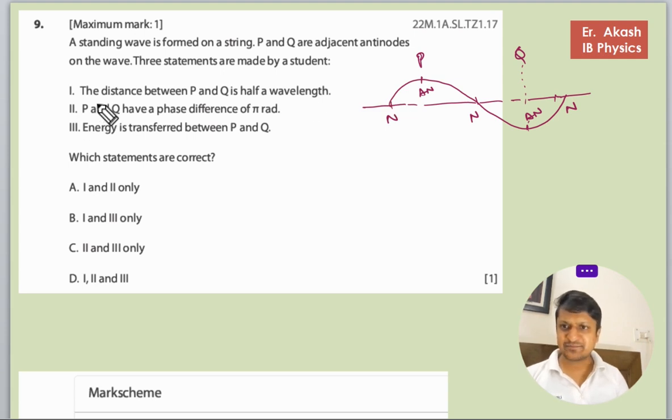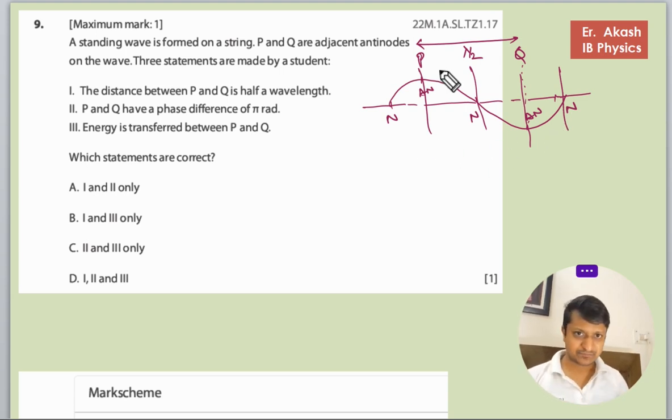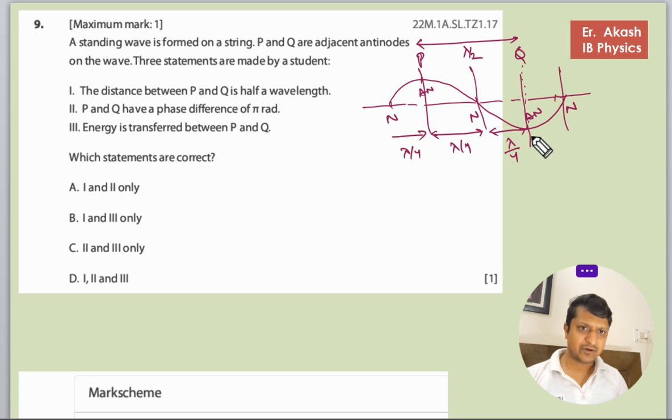The first statement is the distance between P and Q is half the wavelength. It says that this distance is lambda by 2. So now understand how the wavelength is distributed. From maximum, you know that this is lambda by 4, this is lambda by 4, this is lambda by 4, and this is lambda by 4.